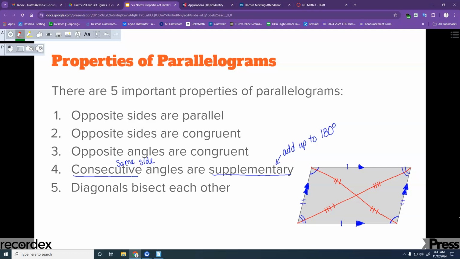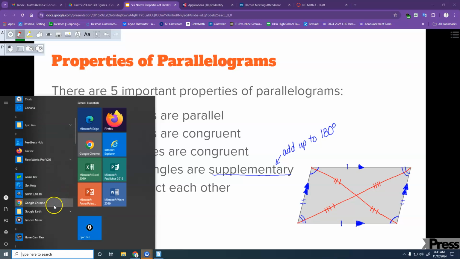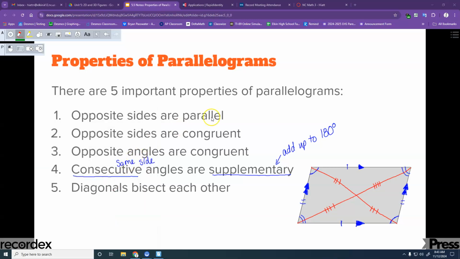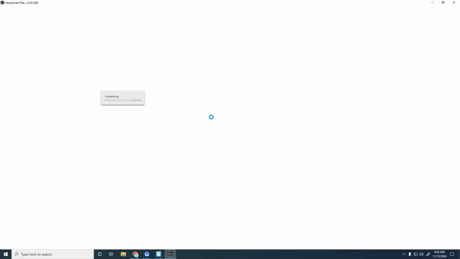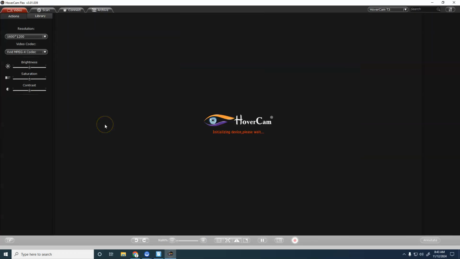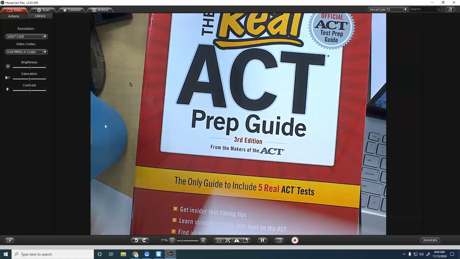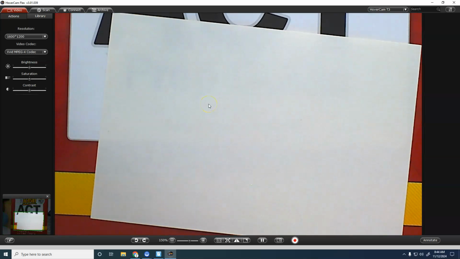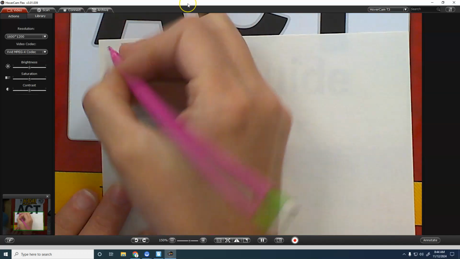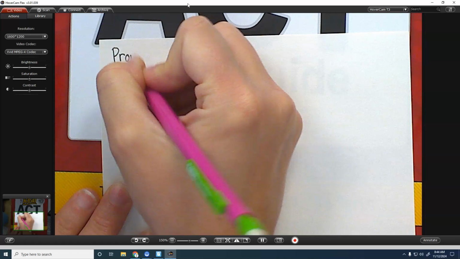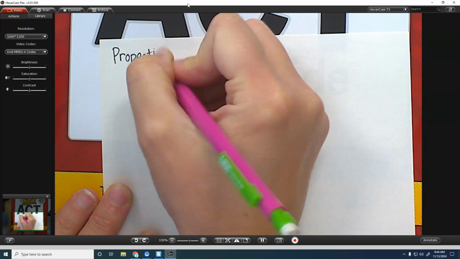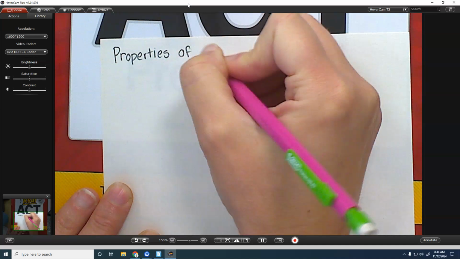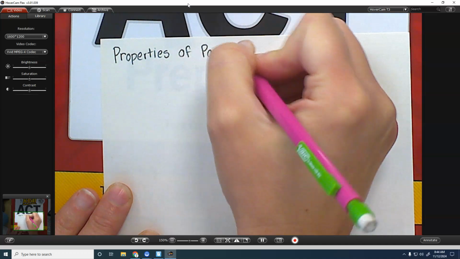Okay, so let's add this to our note card. I'm going to make this my properties of parallelograms.